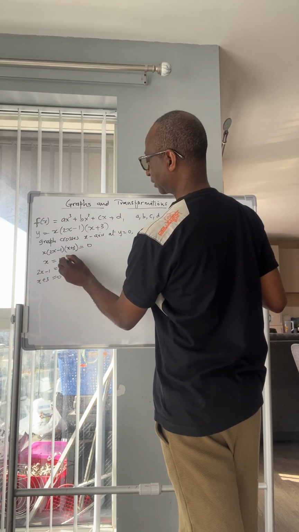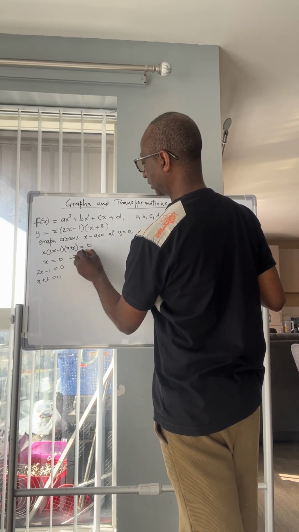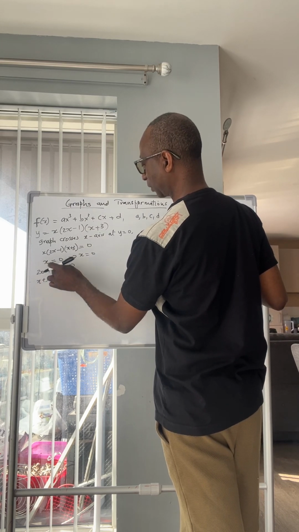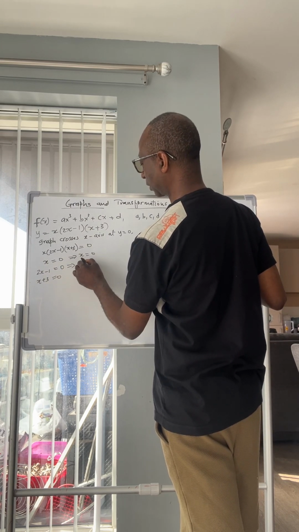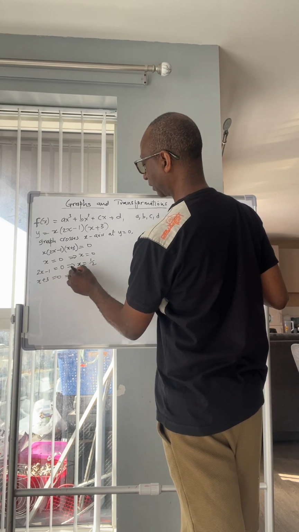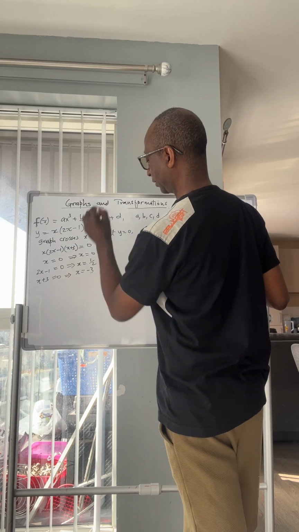This implies x equals 0. If 2x minus 1 equals 0, it means x equals 1/2. And this implies x equals minus 3.